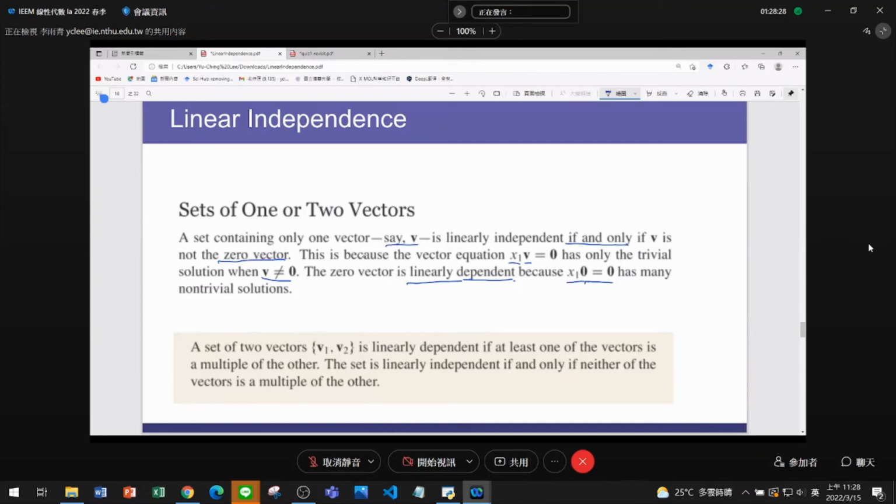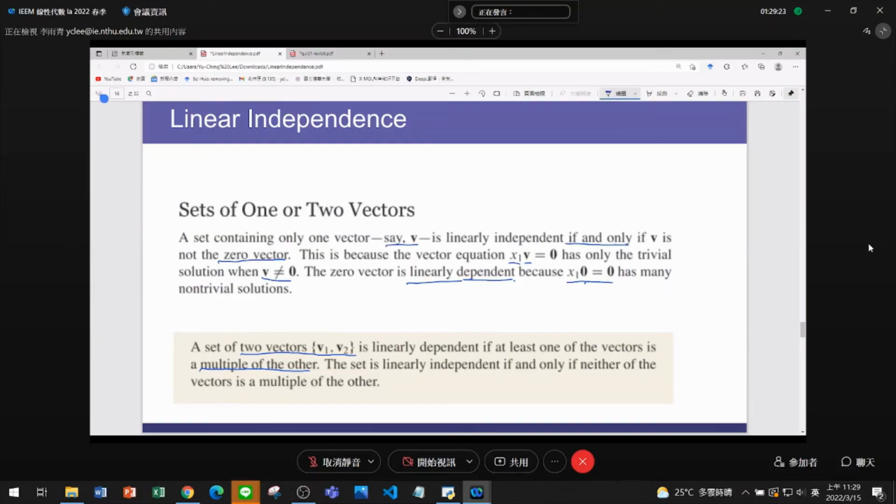And next, a set of 2 vectors are linearly dependent if at least one of the vectors is a multiple of the other. 当这个集合里面有2个的时候，要如何判断它是线性独立还是线性相依？那2个的时候也是很容易的，就是其中一个的向量是另外一个向量的倍数。那一旦观察到这个情况，当两个 vectors 出现倍数关系的时候，我们就知道它是线性相依。Then the set is linearly independent if and only if neither of the vectors is a multiple of the other. 那反过来，如果说我们观察到2个 vector 彼此之间没有倍数关系，那我们就直接可以判断它们彼此是 linearly independent.